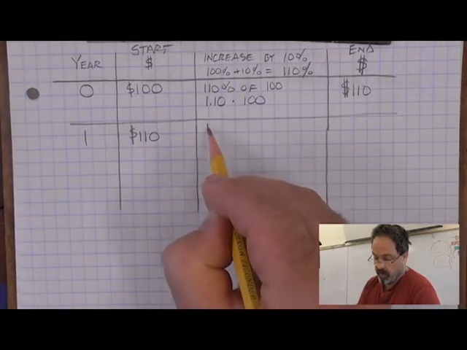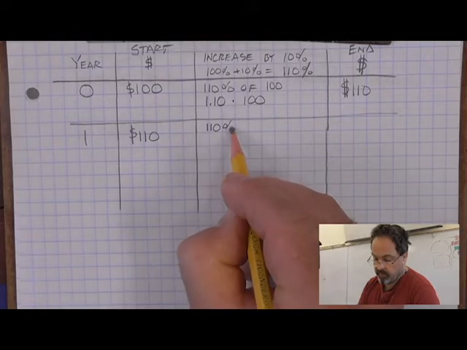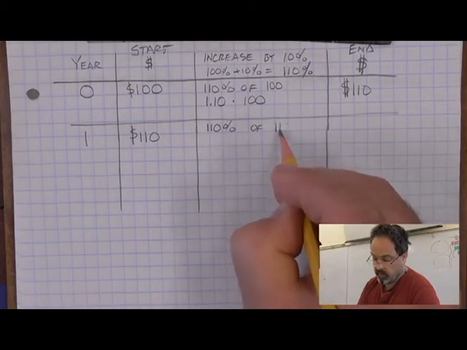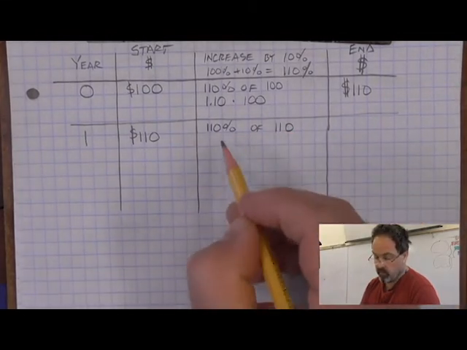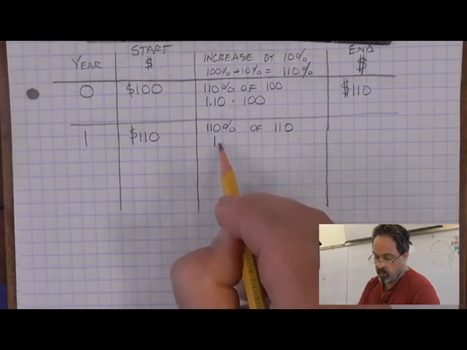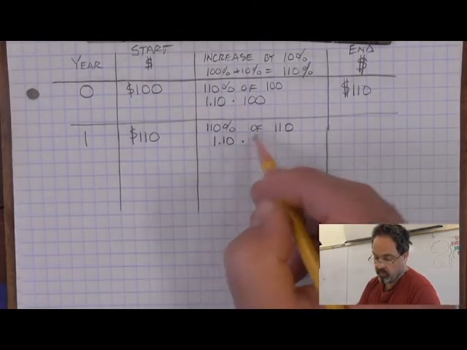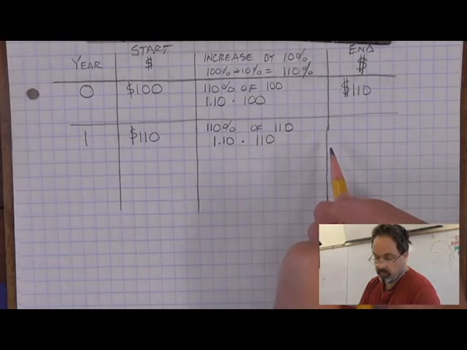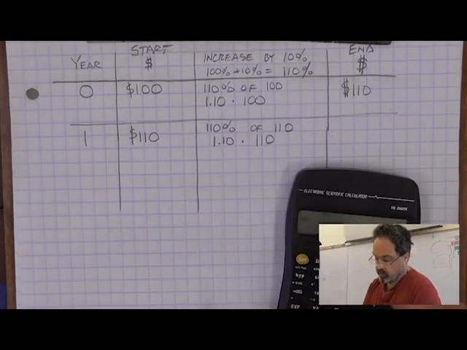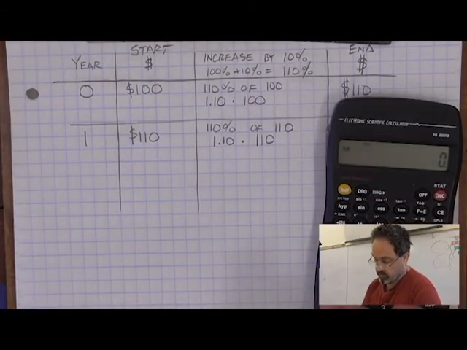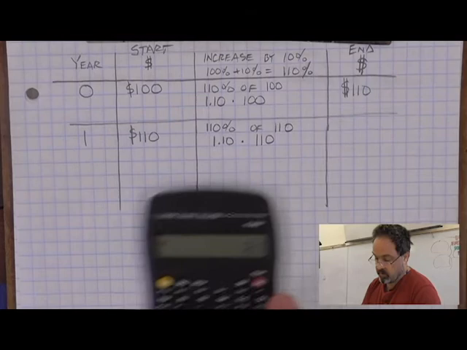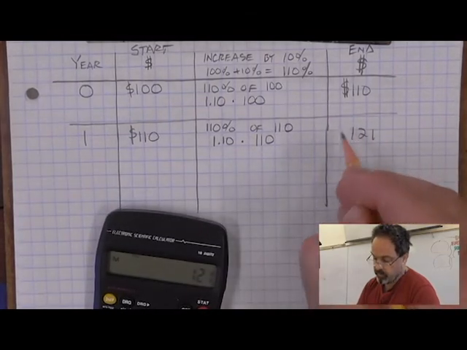So the new math is taking 110% of $110. We're going to multiply 1.10 times $110. And when we do, after another year, the calculator is going to tell us 1.1 times 110 is $121.